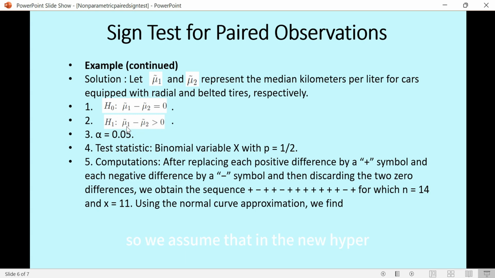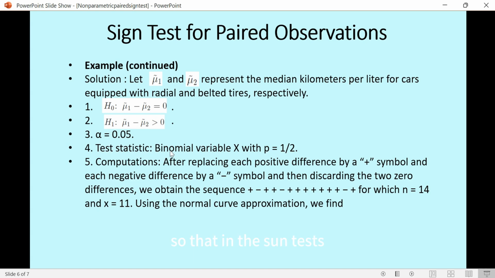If we reject the null hypothesis in favor of the alternative, we conclude that the new tires have better fuel consumption performance than the regular tires. Here we set the significance level at 0.05.